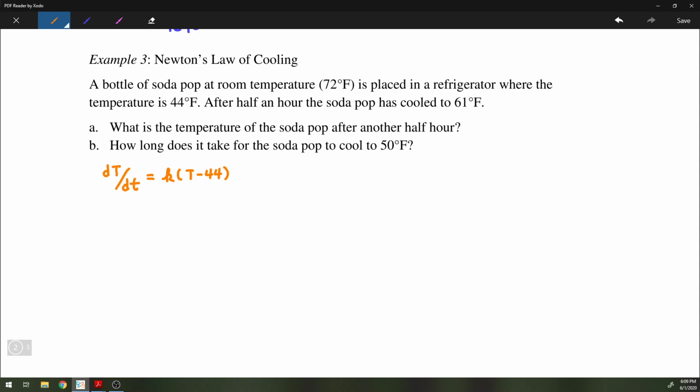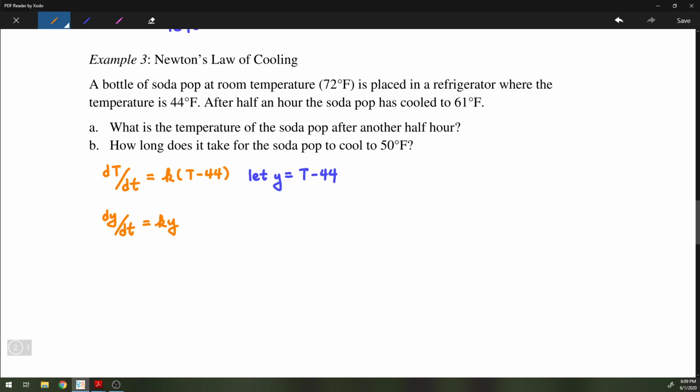So there is a limit on how far it can get. We can still apply the same logic though. So we can simply let y equal T minus 44, so that we can still have dy/dt is equal to ky.